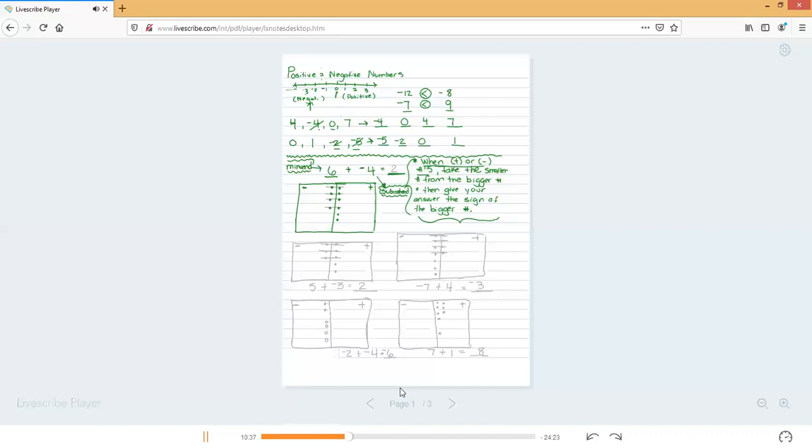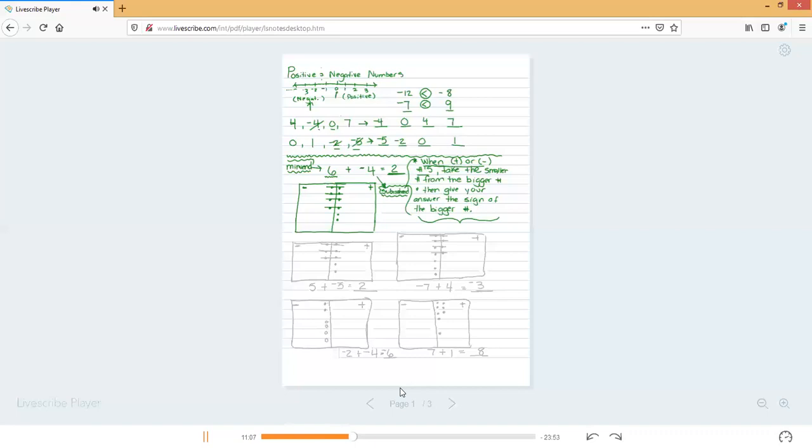And when I cross it out, every time I cross one out on the left, I cross one out on the right, okay? So I'm crossing it out, 1, 2, 3, 4, and I am left with 2. And I know that that 2 is going to be positive because the 2 is on the positive side of my algebra mat. Now, I'm going to do a few examples to better help you understand.